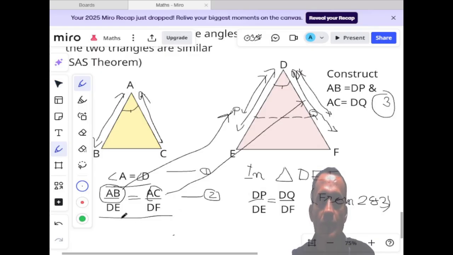So from equation 2 and equation 3, this is given and this is as per our construction, we get DP by DE is equal to DQ by DF. That means that these two points P and Q are dividing the two sides of the triangle in the same ratio. That means PQ is parallel to EF as per the theorem that we have studied.